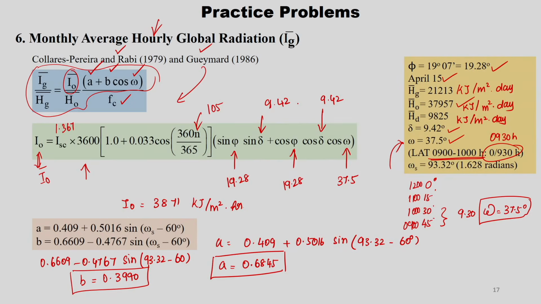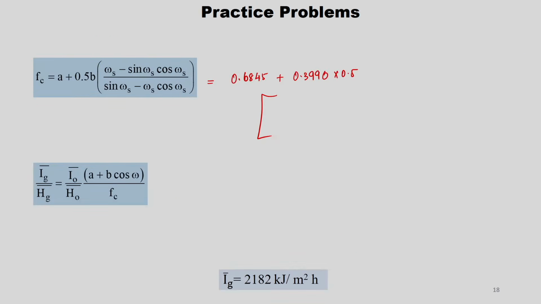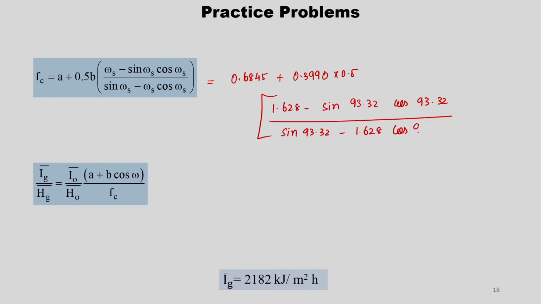We have that value as 1.628, so Fc is the quantity 1.628 minus sin omega s, with omega s being 93.32, divided by cos omega s, with omega s in radians.